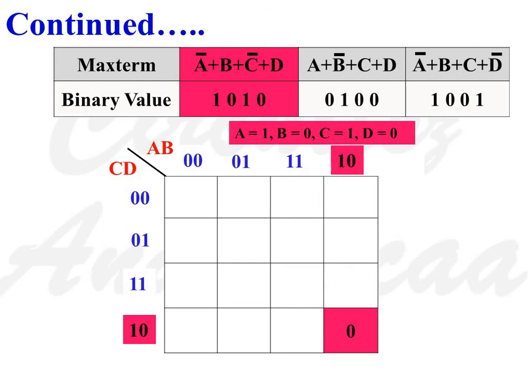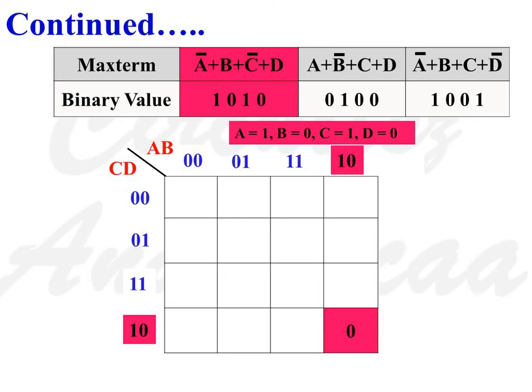Variable B is in true form, so 0. Variable C is in complemented form, so 1. Variable D is in true form, so again 0. So the binary value of the max term A bar plus B plus C bar plus D is 1 0 1 0, where A is equal to 1, B is equal to 0, C is equal to 1 and D is equal to 0.